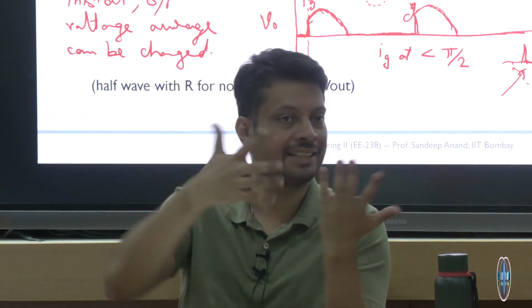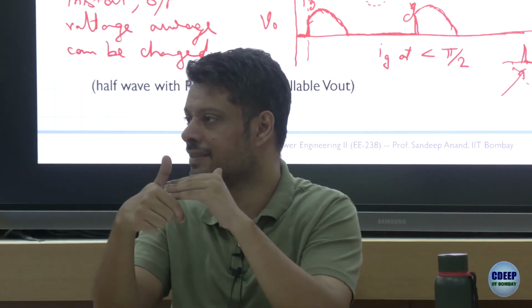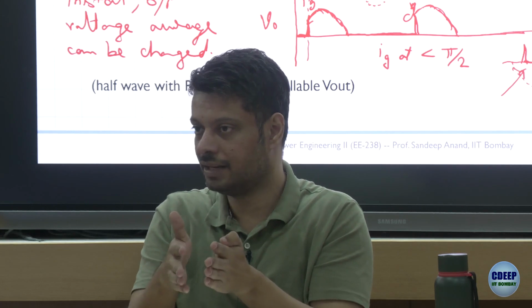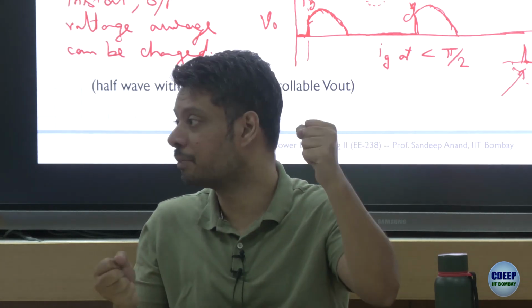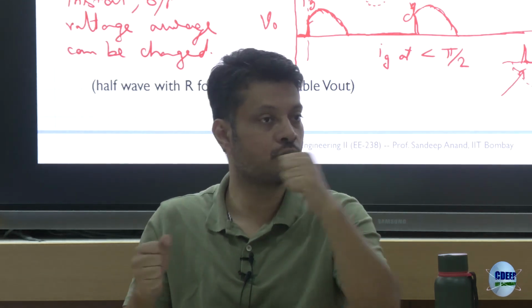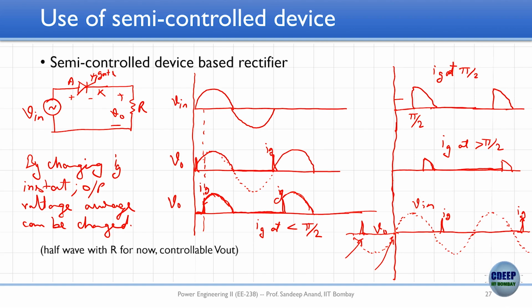Nothing happened there, and I placed the gate barrier again at that instant itself. So the device was off at t equal to 0, and even though I am now trying to apply positive voltage, there is no conduction. So it will remain off. So the output voltage will remain 0, and then what?